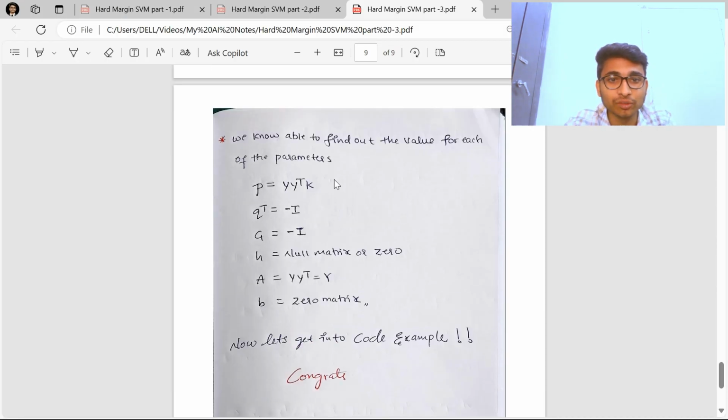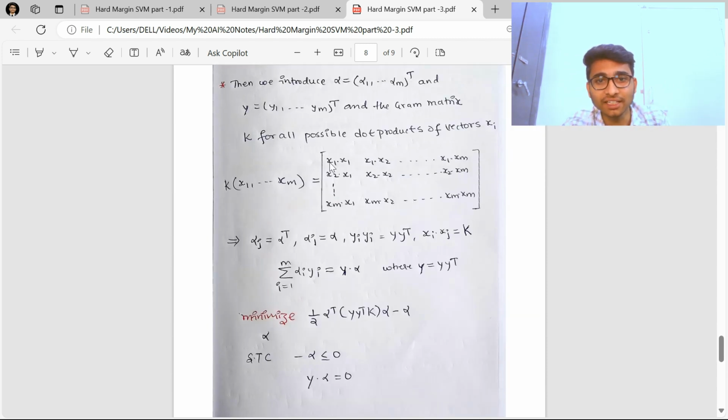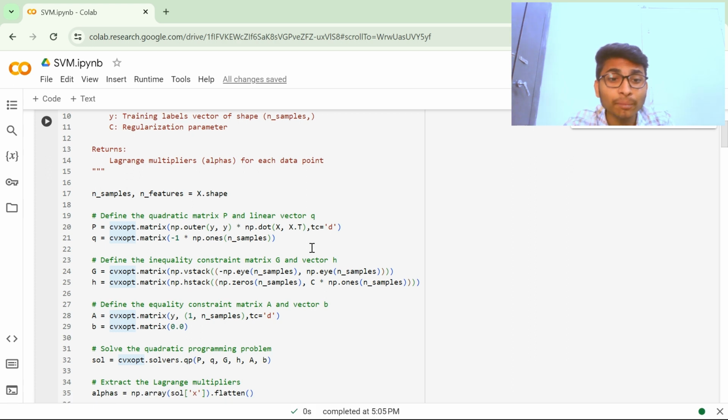We know what P is. This is y into y transpose, our labels, multiplied with K, which is the dot product of every vector with all the vectors, and that is what is written here. In terms of code, we are converting the mathematics into code.